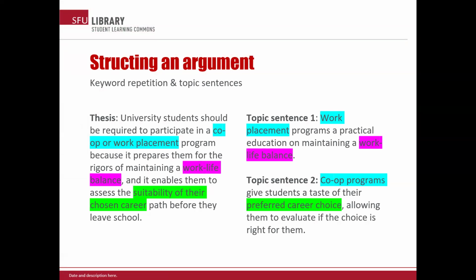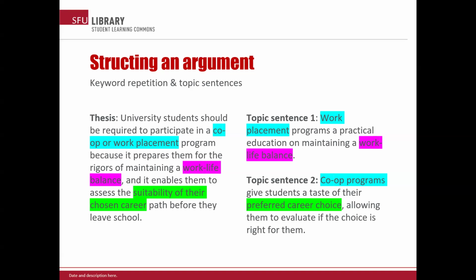So recall this thesis statement. I can highlight certain keywords in my thesis statement here in cyan, magenta, and lime. Then I use these keywords to structure my paper. These keywords will appear in topic sentences at the start of paragraphs to connect back to my thesis.